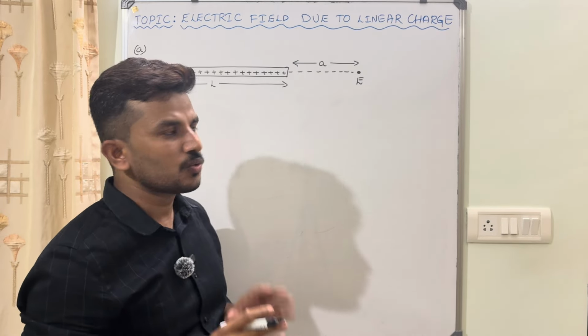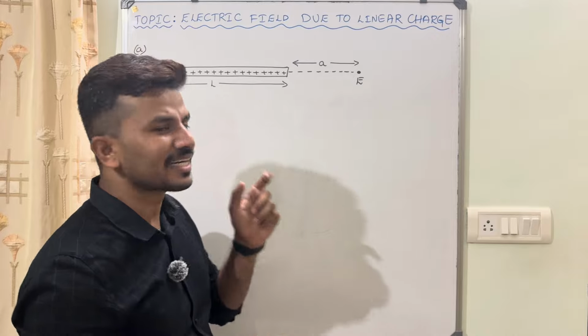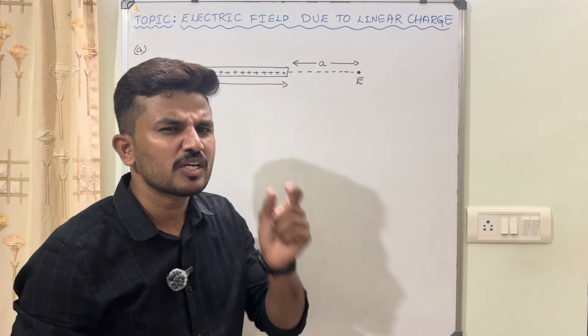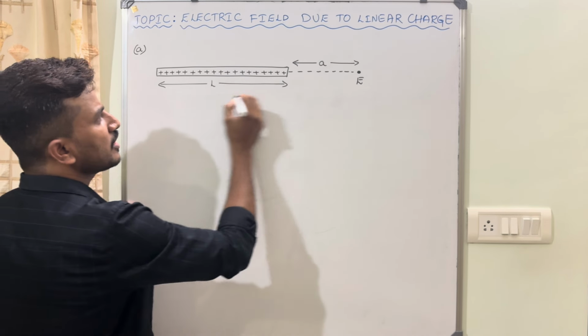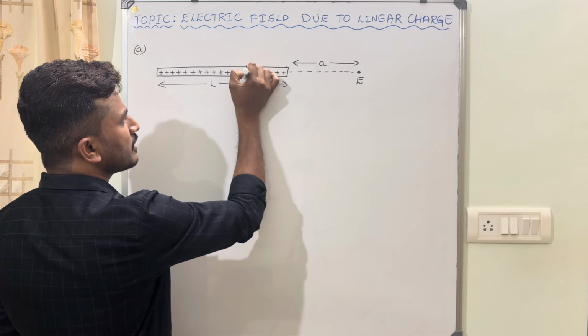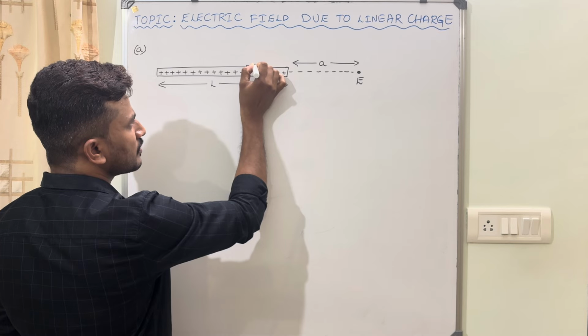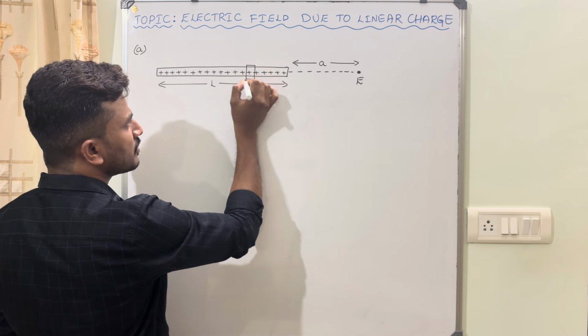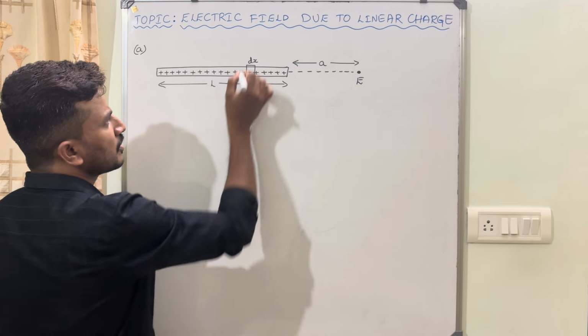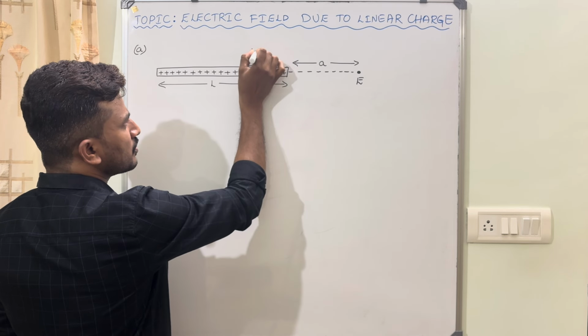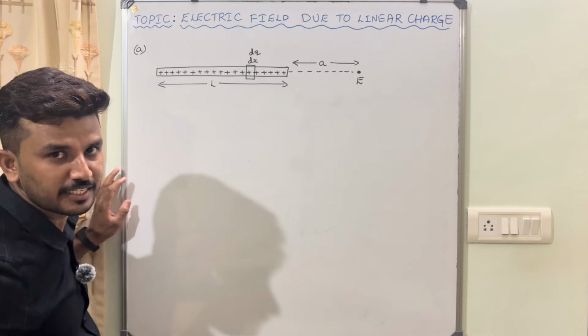So what I will do, first I will write the electric field due to a small charge element. Here, how to find out the small length element? Let us consider this is the length element dl, or dx also you can consider, which is having a charge dq.